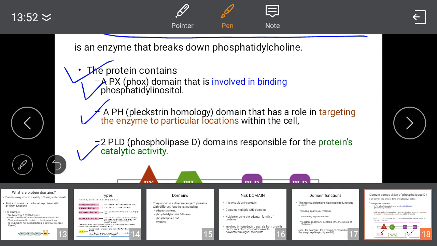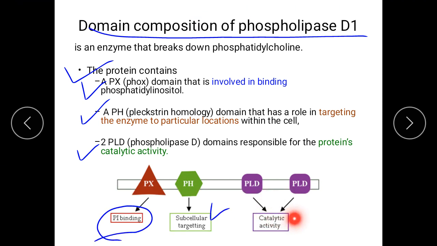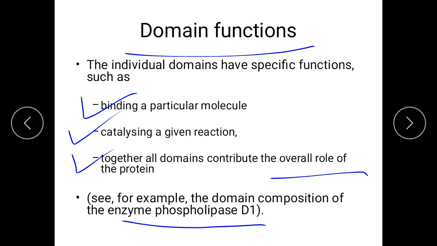And lastly, the catalytic activity is carried out by two PLD, so two phospholipase D domains have the catalytic activity in the protein. So together all domains contribute to the overall role of the protein.